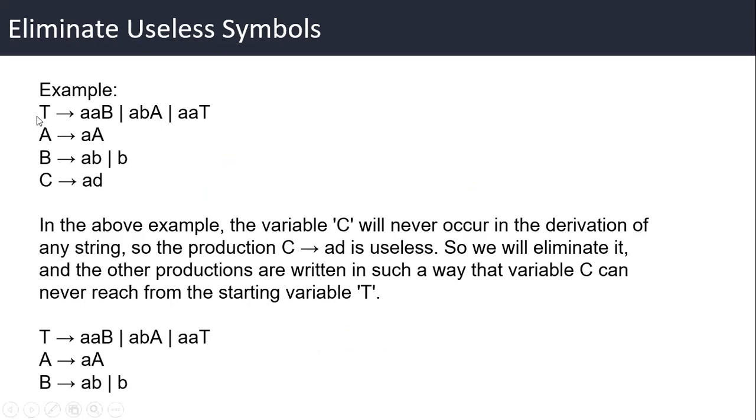For example, when T produces this production, what are the productions produced by T? R A P, A B A, A T. We can easily reach B, and we can easily reach A, by T. So A also derives something, B also derives something. Here we can see that there is C which we cannot reach by any variable. So in this grammar, C is a useless symbol.